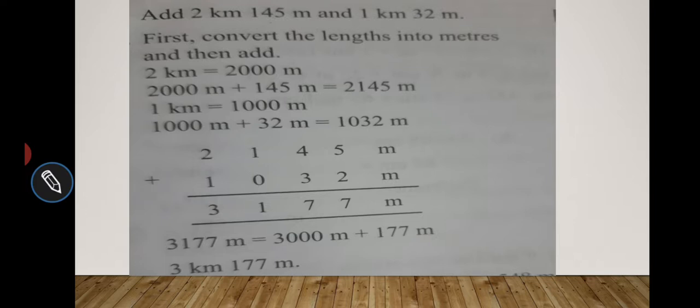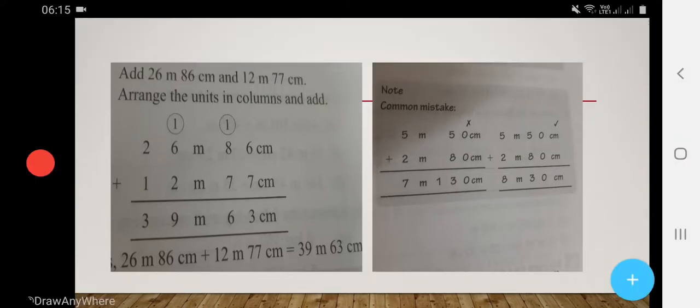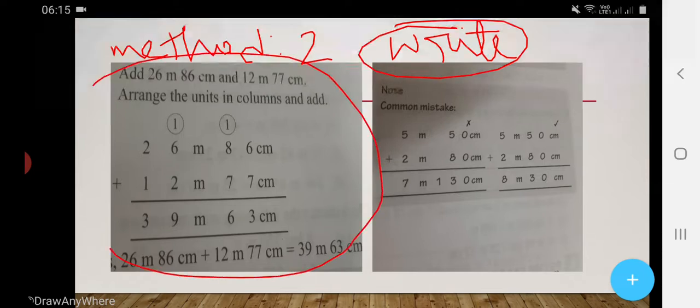Now method 2. This is method 2, and write this in your copy as method 2 and do this. Here I have to find 26 meter 86 centimeter and 12 meter 77 centimeter.